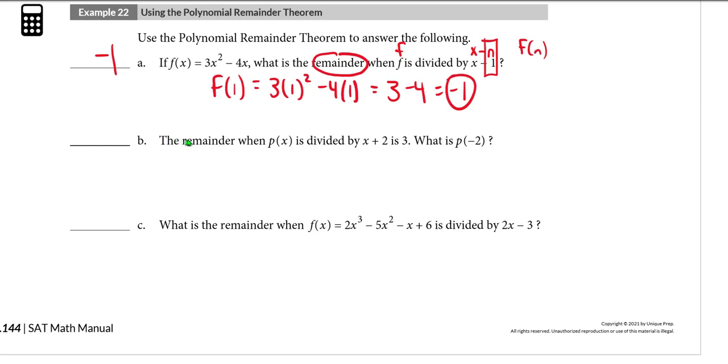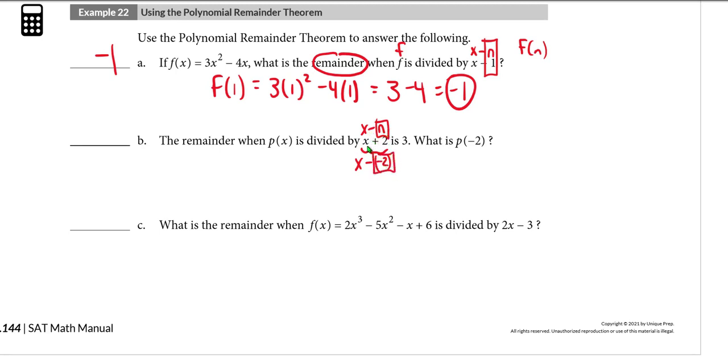22b: the remainder when p of x is divided by x plus 2 is 3. What is p of negative 2? Well, let's take a look. I'm going to rewrite x plus 2 as x minus negative 2, so it should be pretty clear that our n is negative 2.